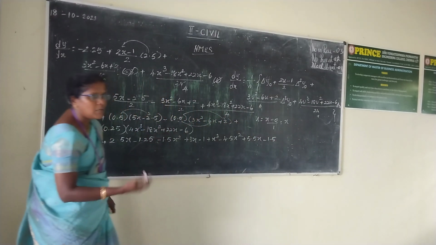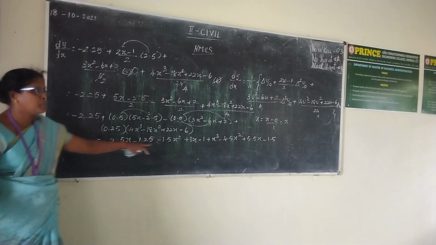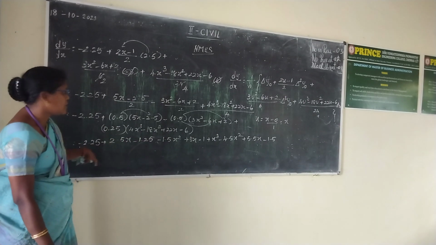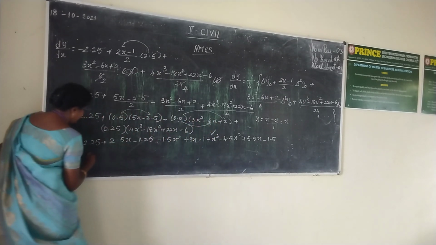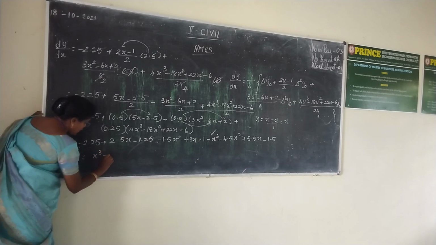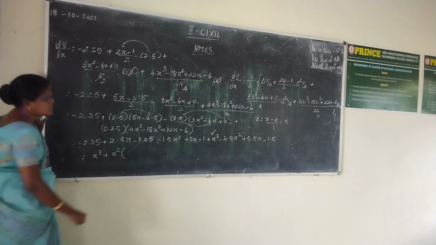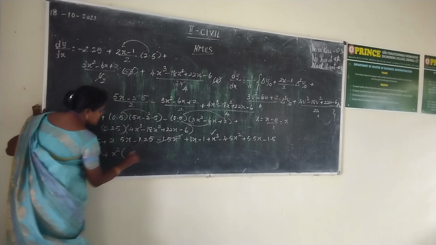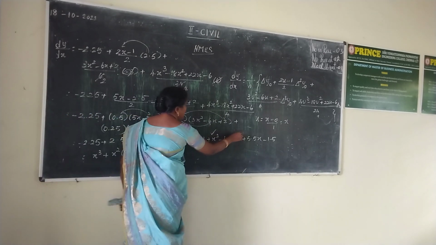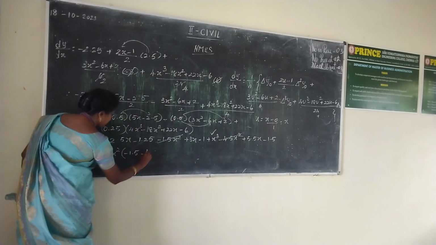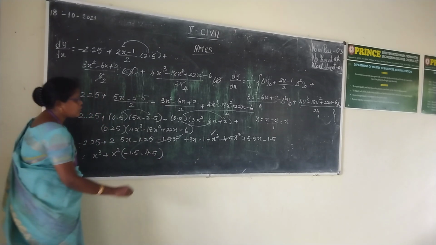Now, for the common terms, what is the highest degree? Cube term. How many cube terms are there? Only one. So get it to be x cube. Now collect all your x square terms. So what are the x square terms you are having? Minus 1.5. Next x square term minus 4.5. Any other x square? No. Next collect all the x terms.